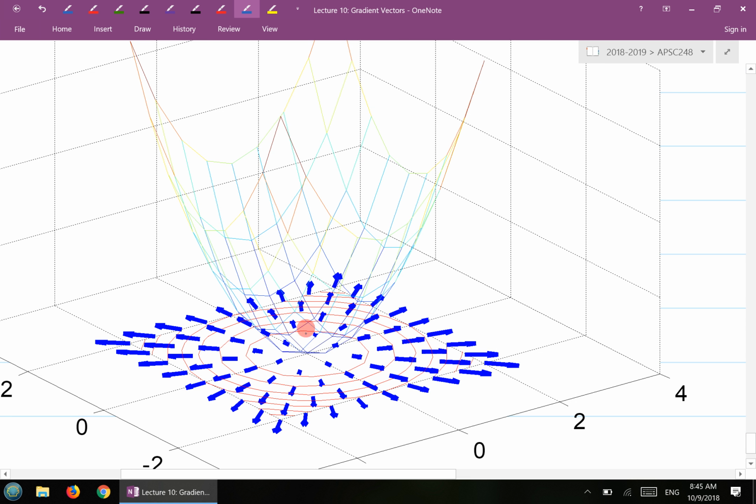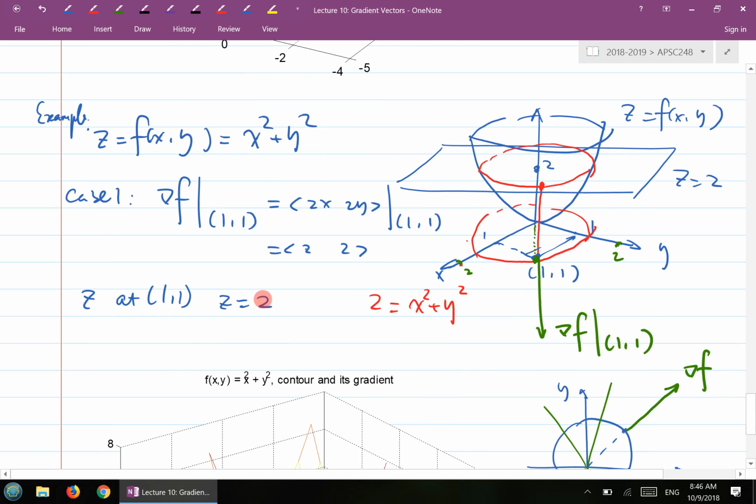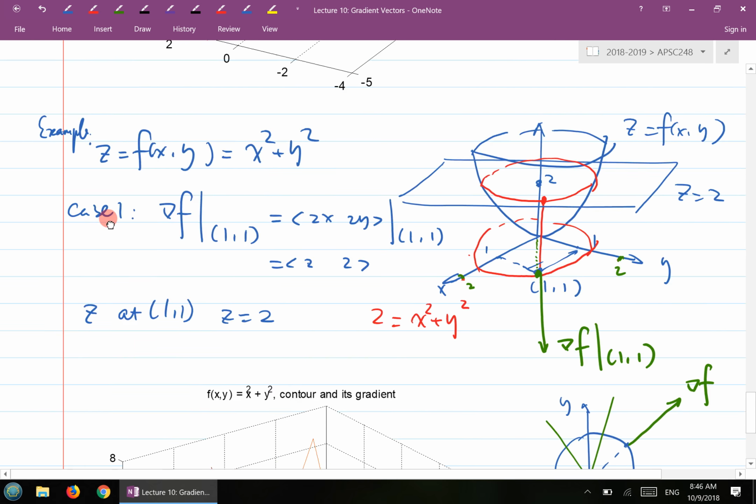At the same time, what we're going to show is that each one of the gradient vectors is perpendicular to the level curves. So that's a simple example for this case.